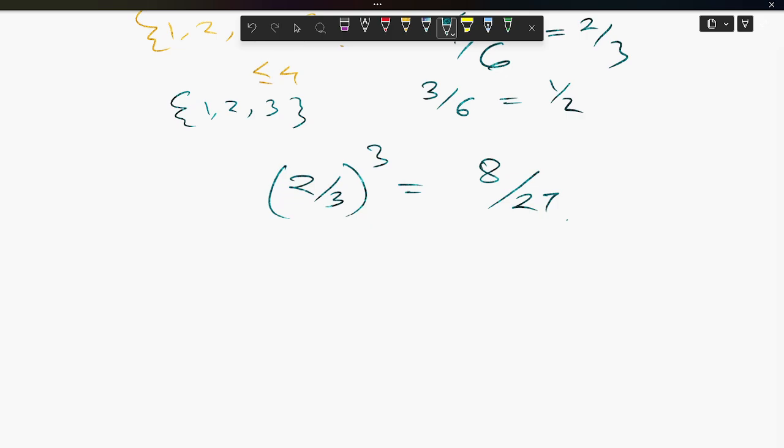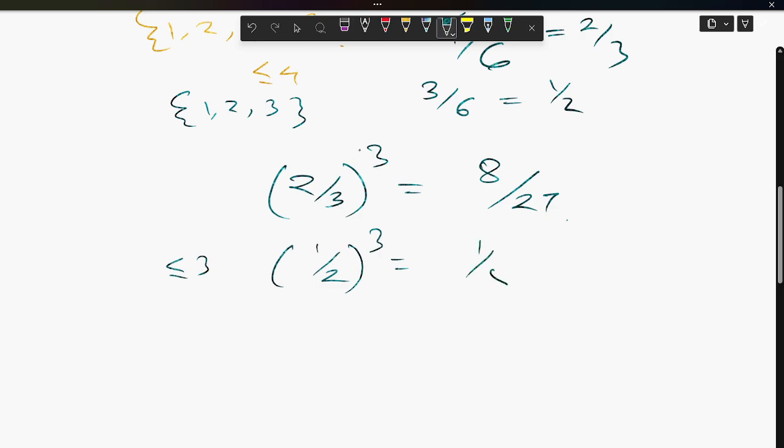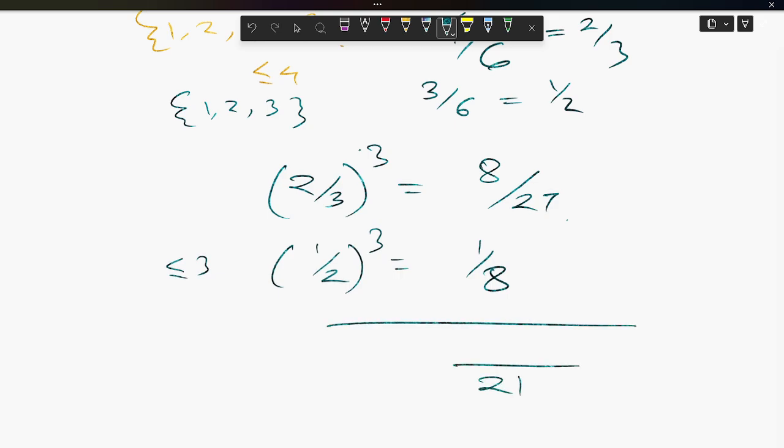And the probability that all three throws are less than or equal to 3 will be what? Half cubed, that is 1 by 8. So the probability that the maximum is exactly 4, at least one 4 and no 5 or 6, will be the difference of these, that means 8 by 27 minus 1 by 8. So then we will get 216 in the denominator, and then we would get 64 minus 27, so that will be 37 by 216.